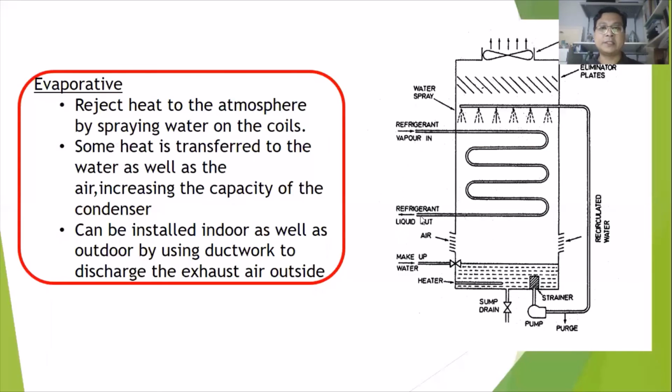This tube carries the refrigerant inside, and then we transfer the heat by the evaporative system, spraying the water here, you can see, onto the spiral tube. So the water contacts the tube to change the temperature by heat transfer.